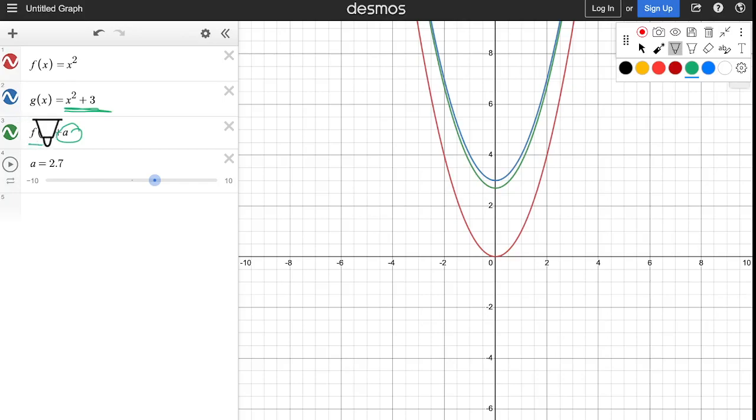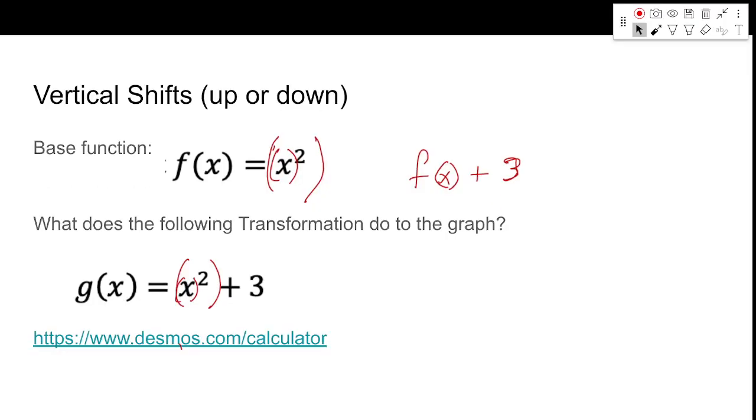And then this is using the function notation, just taking the function and on the outside adding some value. So that gets us a transformation in terms of vertical, up or down. So we're going to either add or subtract. So that's something happening on the outside.